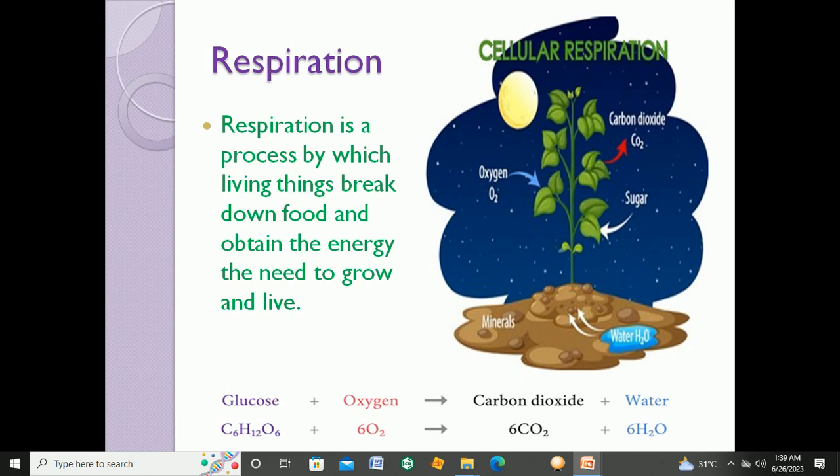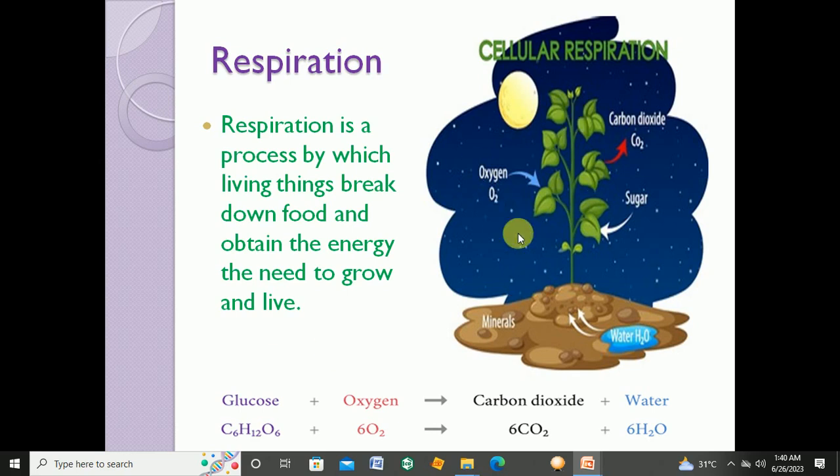Respiration is a process by which living organisms obtain their energy. For example, if we talk about a plant, this plant consumes oxygen, and it also consumes glucose. It consumes two ingredients, oxygen and glucose, and it gives out two products. One is carbon dioxide and the other is water.